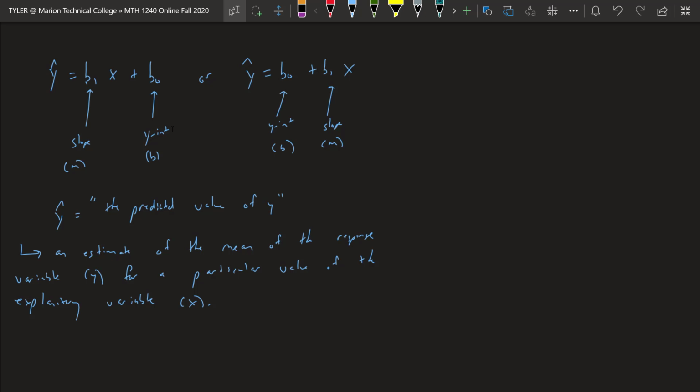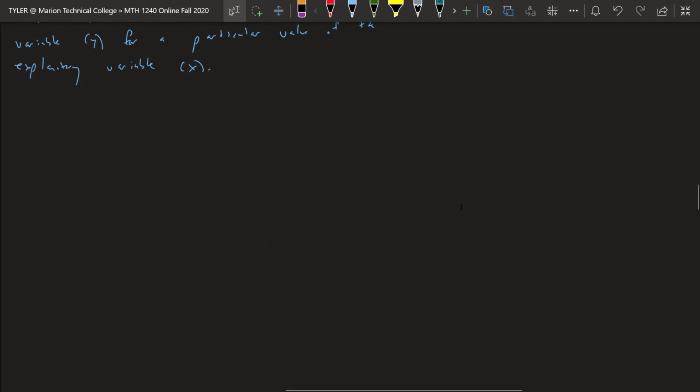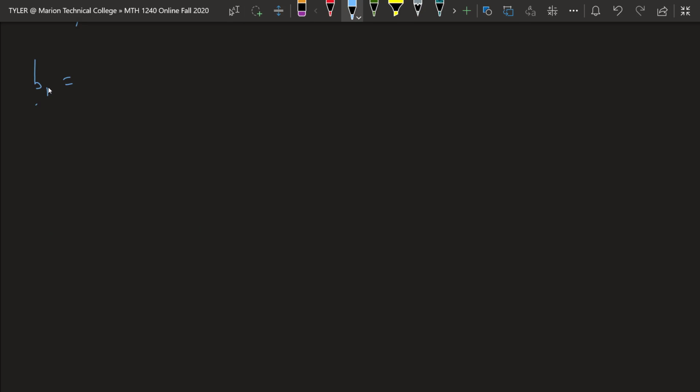So then the next thing that I want to talk about are these equations for b sub 1 and b sub 0. The equation for b sub 1 is equal to r, that's the correlation coefficient, which we looked at last section, times s sub y over s sub x.